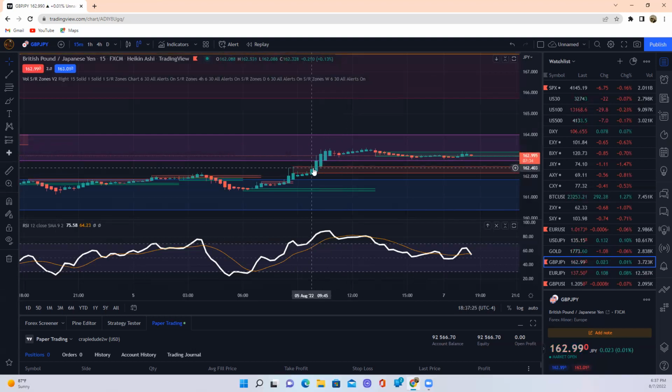It's a different way of doing candlesticks, and there's a calculation that goes into this candlestick which is different from the regular Japanese candle. If you didn't know, the regular candlesticks that we typically use, the default candlesticks, are called Japanese candles. These are called Heikin Ashi and have a slightly different calculation.